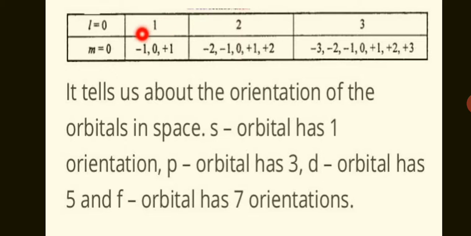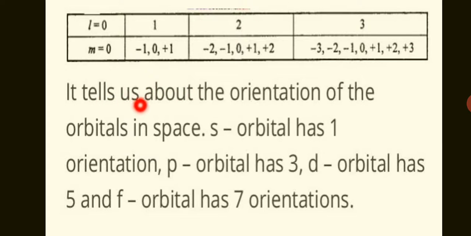If l is equal to 0, it means the s subshell. If l is equal to 1, it means the p subshell. l equal to 2 means the d subshell. l equal to 3 means the f subshell, which has 7 values.